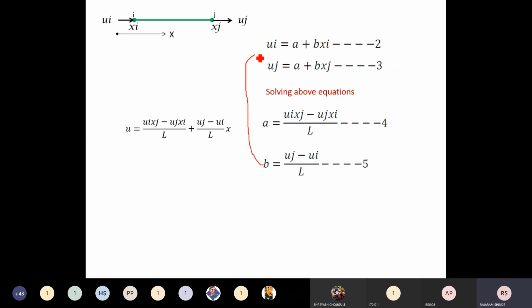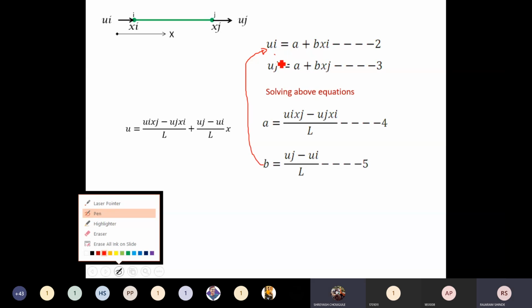Now you just put this B in this equation. You see this A plus B is uj minus ui divided by L. Sorry, not this equation. Yes, you put in this equation. You see this A plus B into uj minus ui divided by L xi.